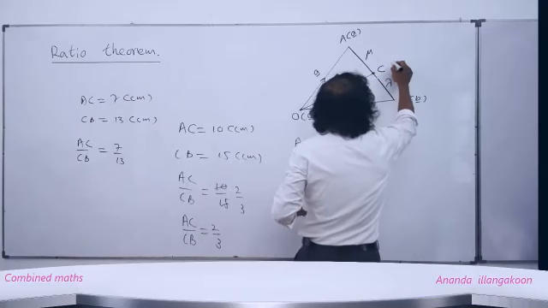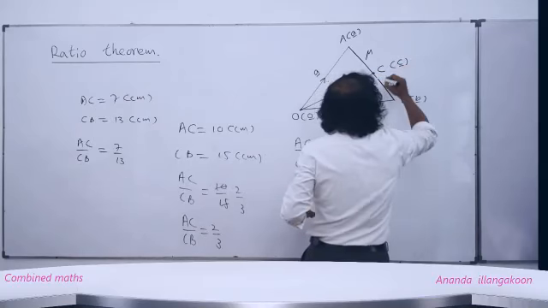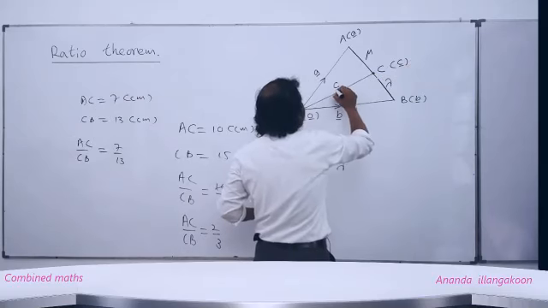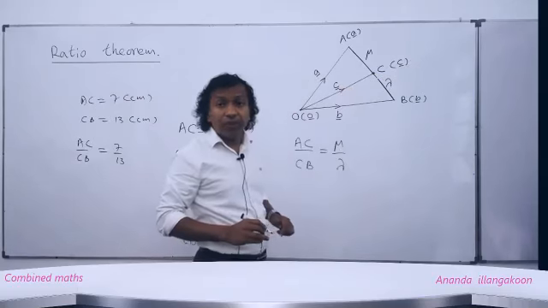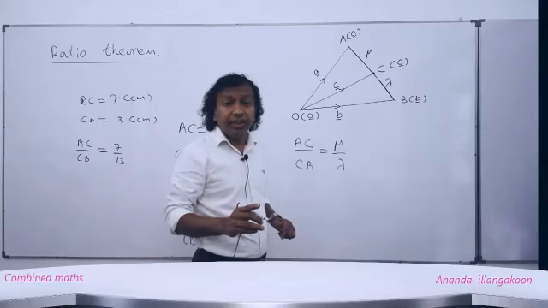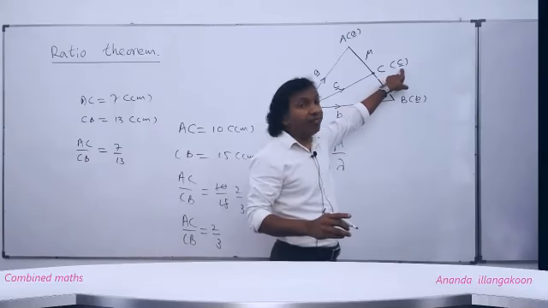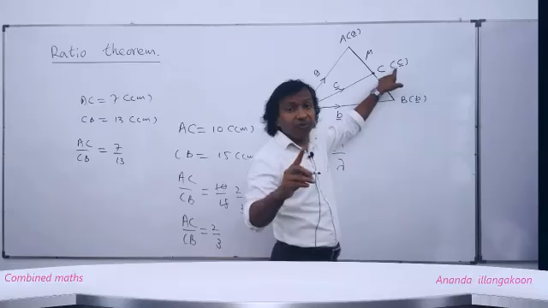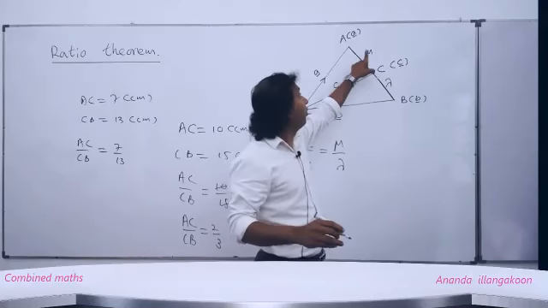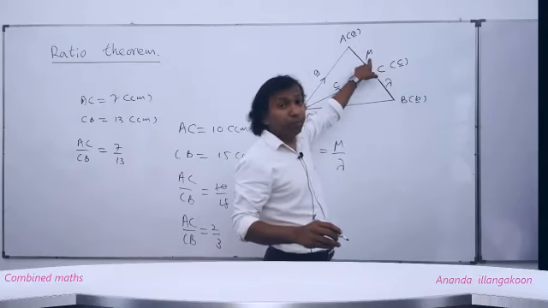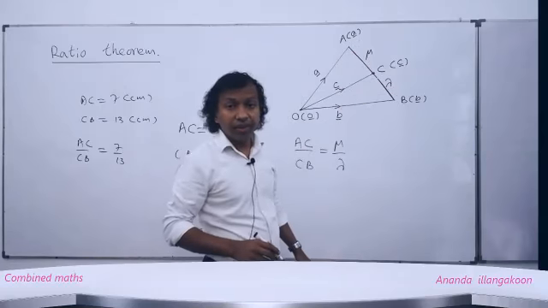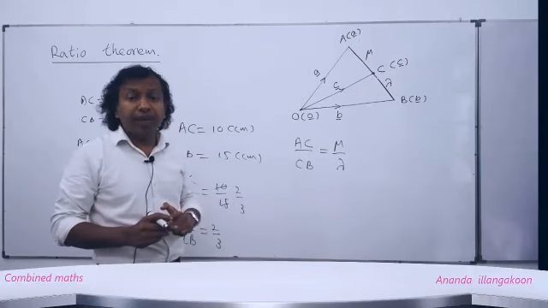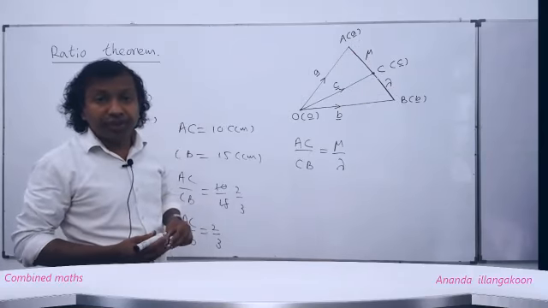I'm going to take the position vector of this point C as simple C vector. Now people, we try to find this simple C vector, the position vector of the point C, using simple A vector, simple B vector, mu and lambda.